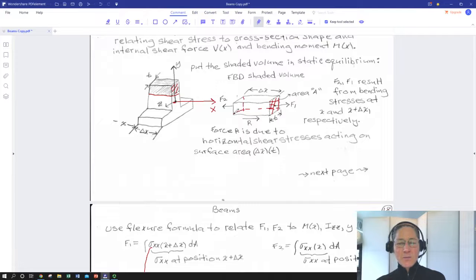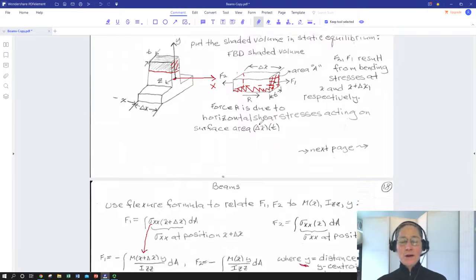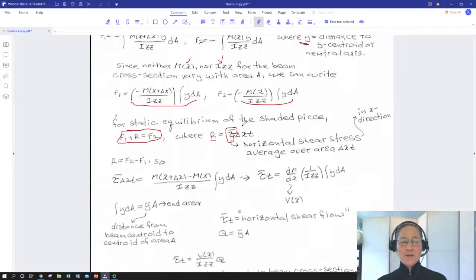Okay, so this bottom surface, where the shaded box attaches to the rest of the beam, is the surface over which R is acting. It has an area of delta x times t, and if we envision an average shear on that plane, that average shear tau times delta x times t would equal R. So I can express R in terms of the average shear on that plane.